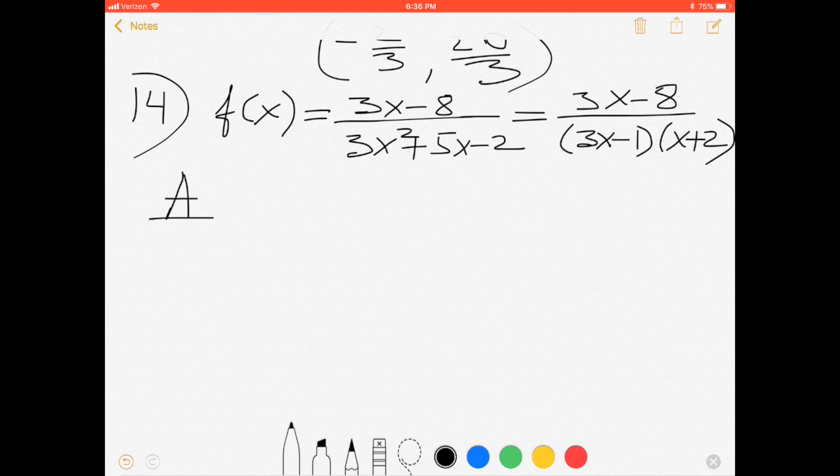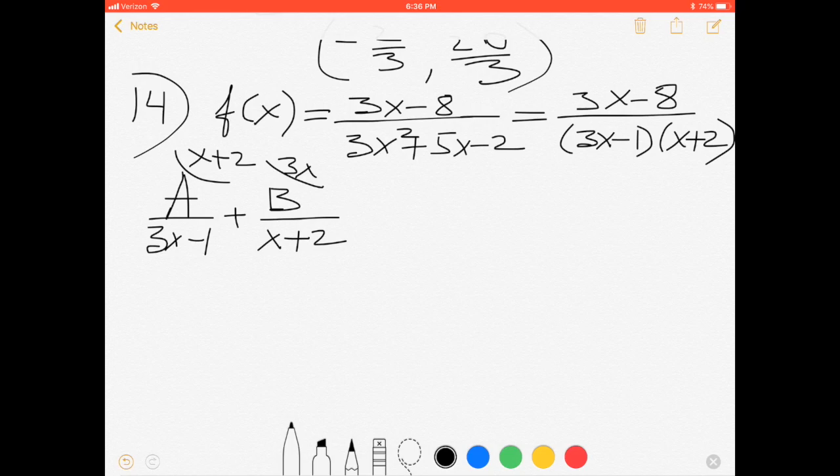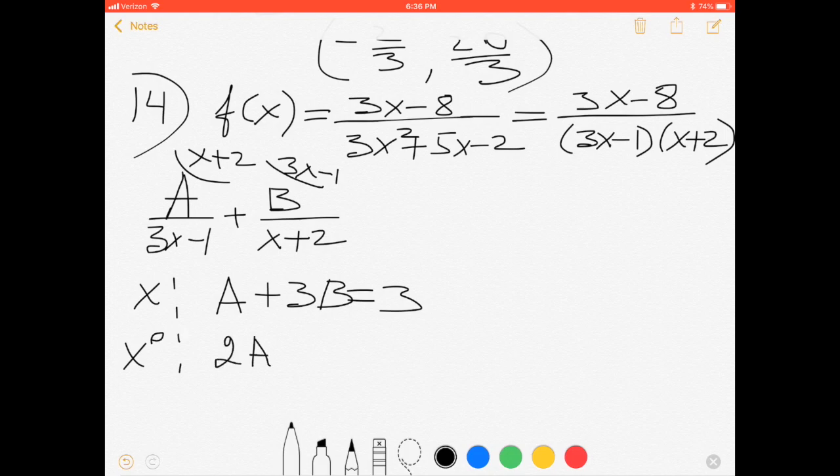We have A over (3x minus 1) plus B over (x plus 2), multiplied by (x plus 2) and (3x minus 1). The coefficient of x will be A plus 3B, and it needs to equal 3. The constant coefficient will be 2A minus B, and equal negative 8.